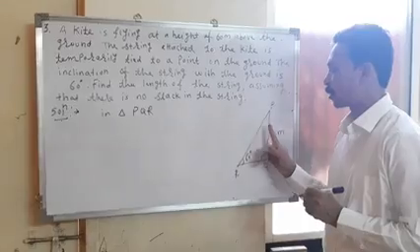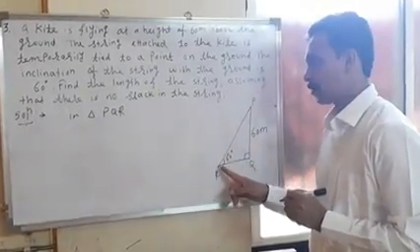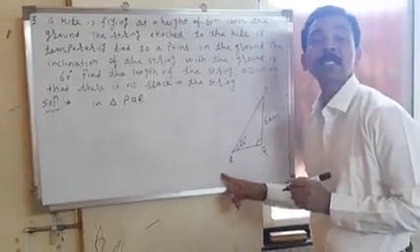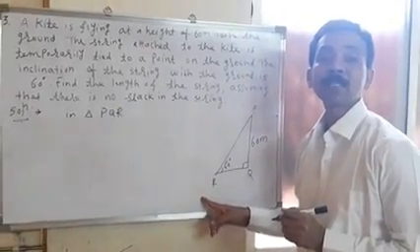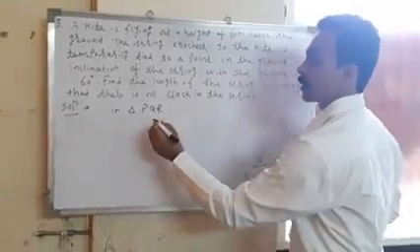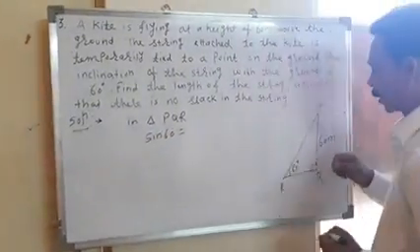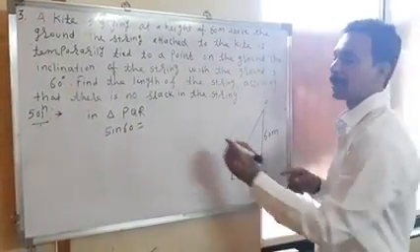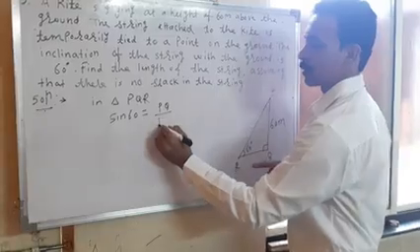So PQ is the opposite side of angle R and PR is the hypotenuse. We have to take sine. Why sine? Because sine is equal to opposite upon hypotenuse. So I will write here sine 60 is equal to opposite, opposite means PQ upon PR.